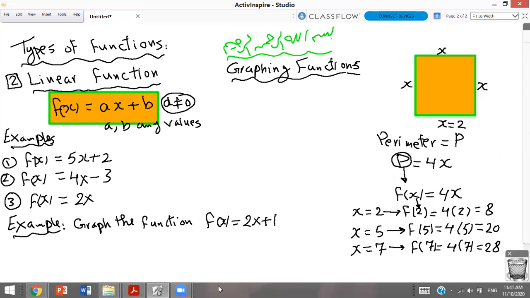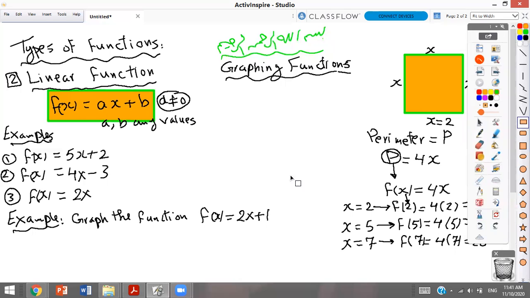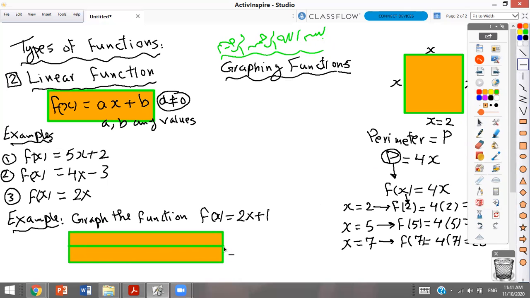We must get some values for x and the opposite values of the function. Then we will put our table, and we make it for x and f of x.